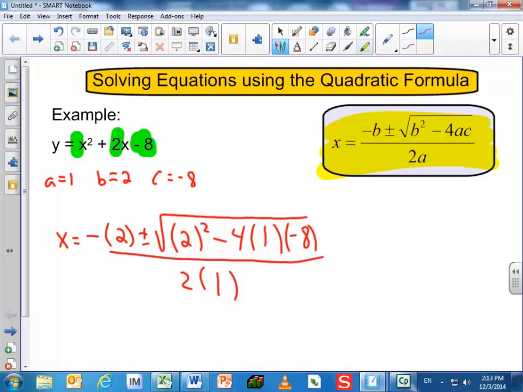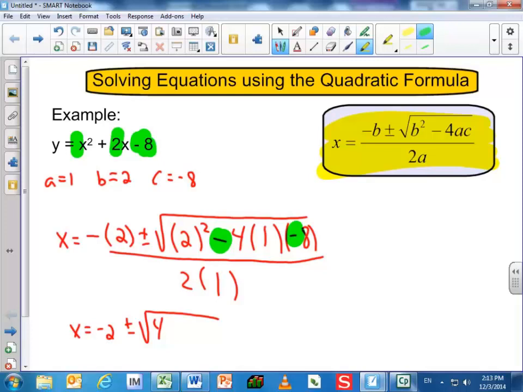Now I just need to simplify this. So let's see what we get. When I simplify this, I get x equals -2 plus or minus the square root of 4. Now we have to be careful here. What you'll notice is we've got a -1 and a -8. So when I multiply this, I'm going to get -4 times 1, which would be -4, times -8.